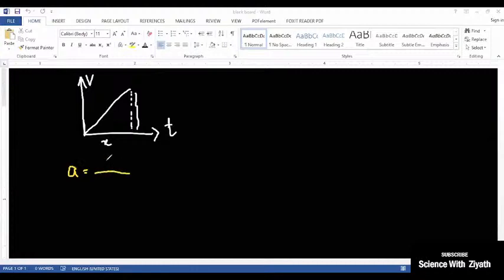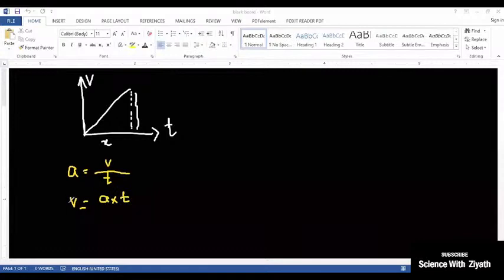For easiness, I am taking this as V, but remember above it is the change of velocity, not the velocity. So now I can write V is equal to A into T.